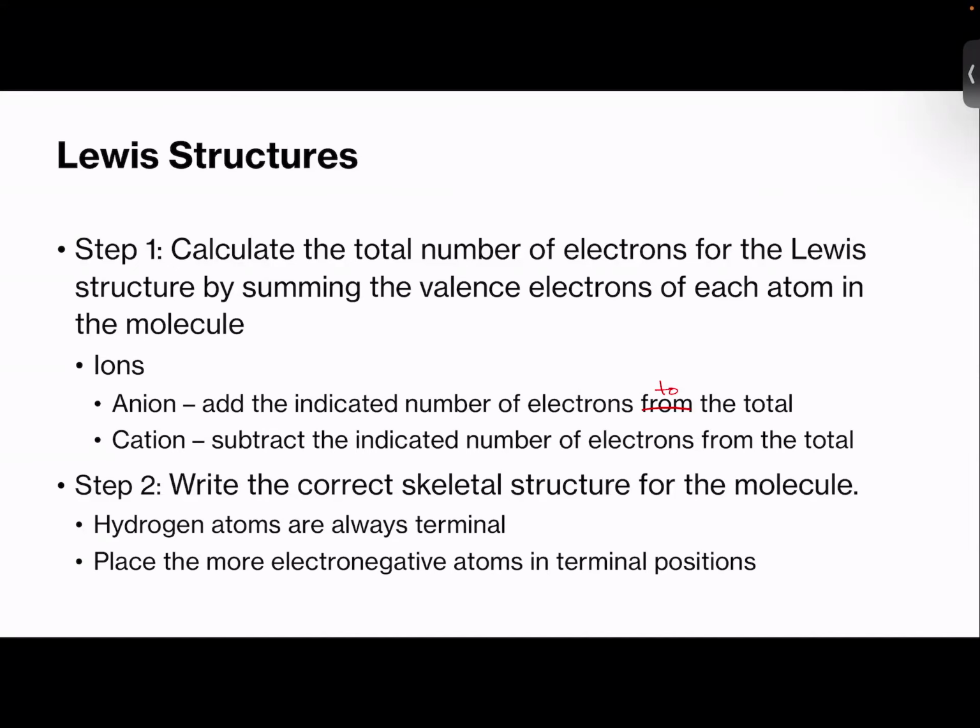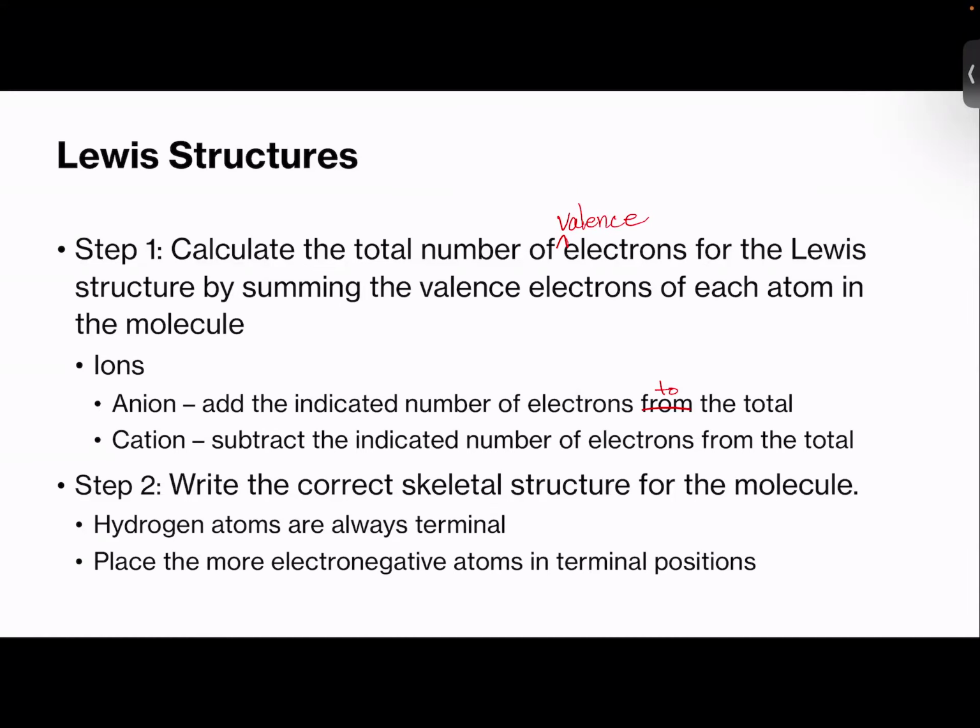That's because if you have a cation, it means you have more protons than you do electrons. Therefore, you've lost some of those electrons. So step number 1 is to calculate the total number of electrons, the total valence electrons for the Lewis structure.